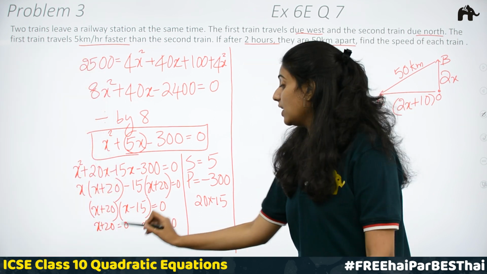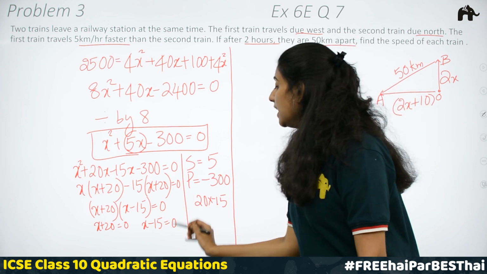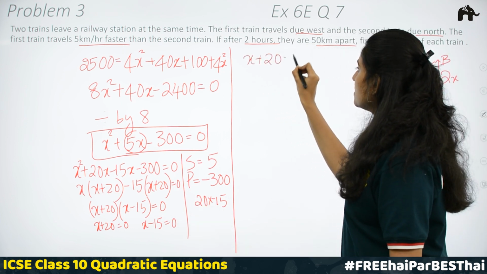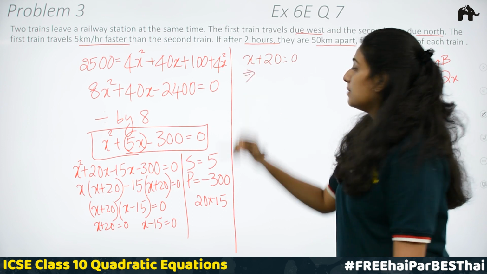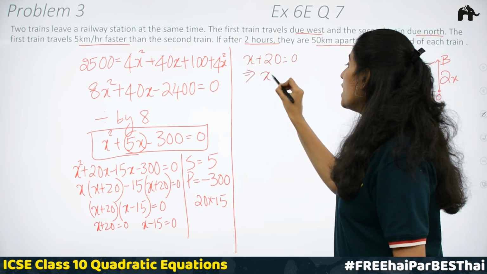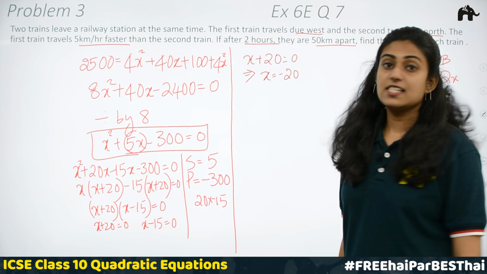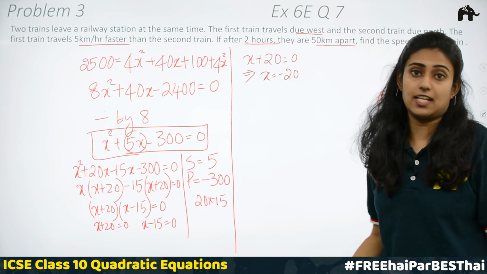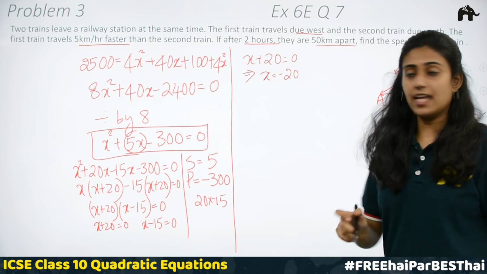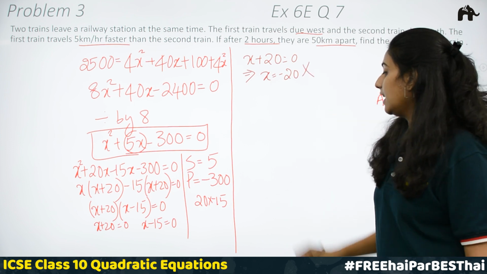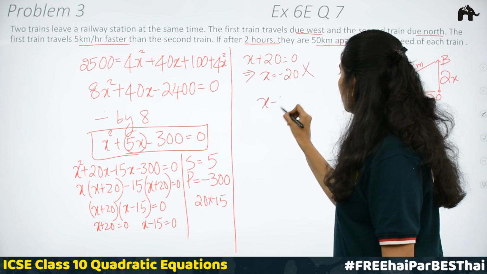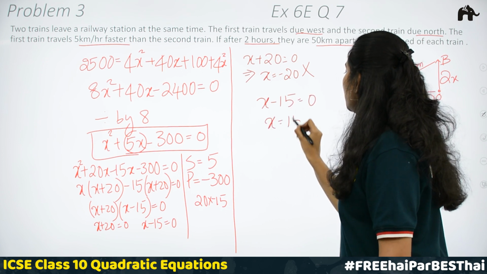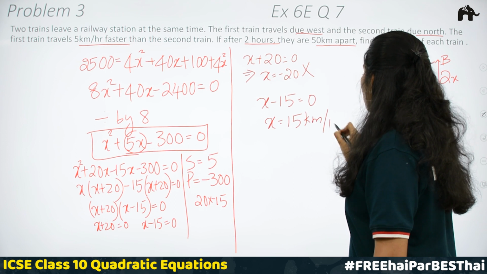When x plus 20 is equal to 0, this implies x is equal to minus 20. Speed cannot be negative. We have taken x as the speed of the second train. Speed of the second train cannot be negative. So this value is rejected. Then x minus 15 is equal to 0 means x is equal to 15 kilometers per hour.